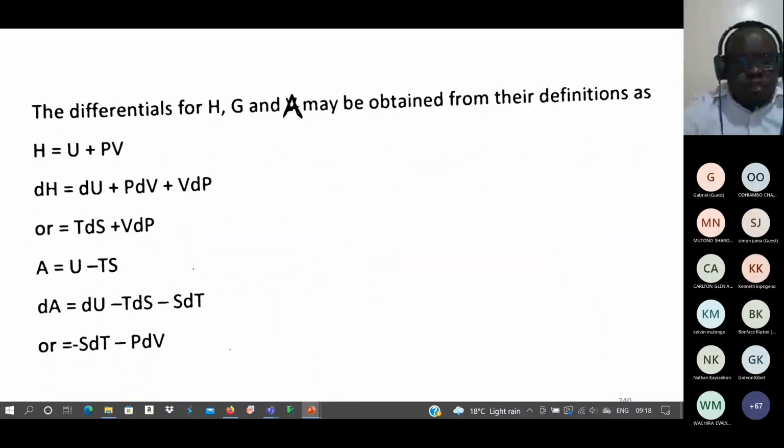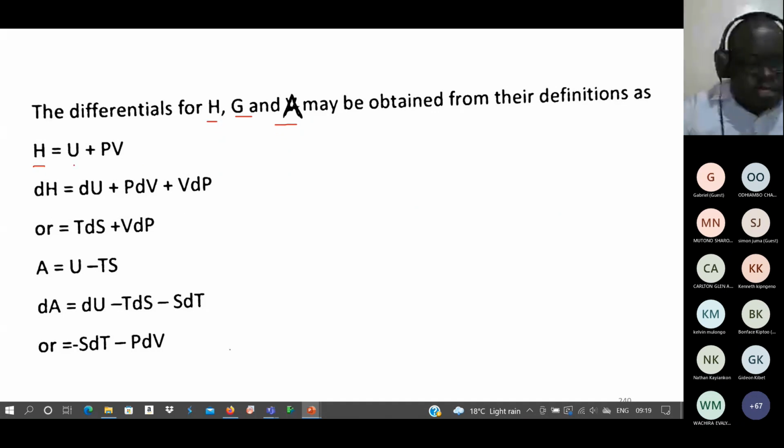When you consider the differentials for H, G, and A, from the definitions, we get the following expressions. So H is given by U plus PV.